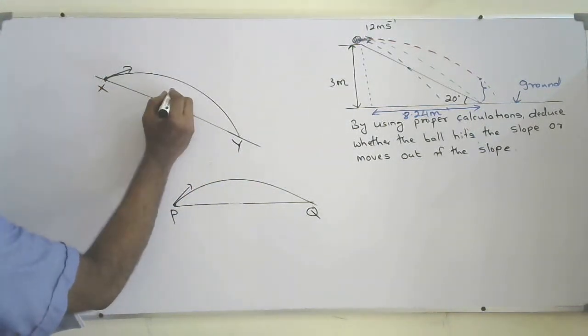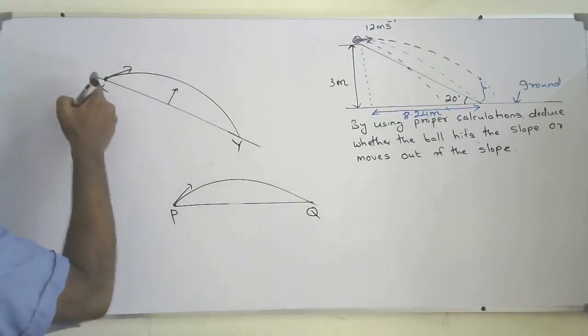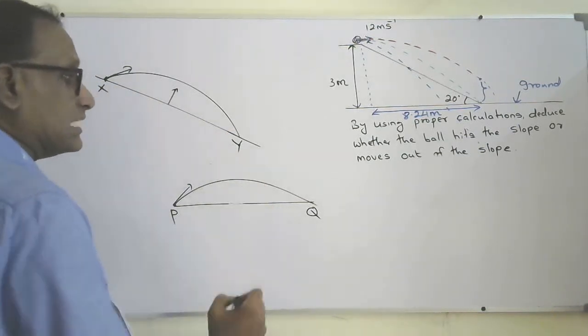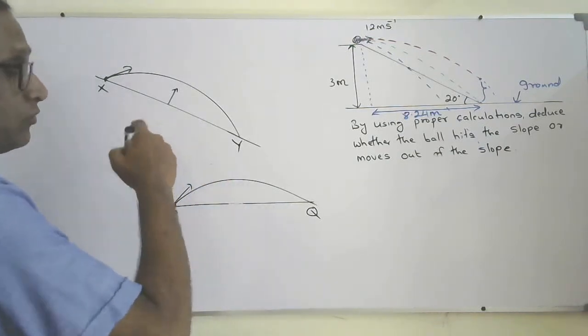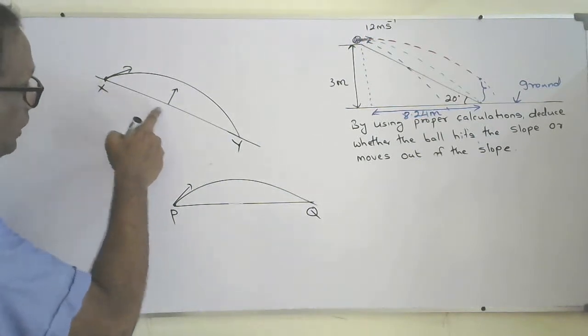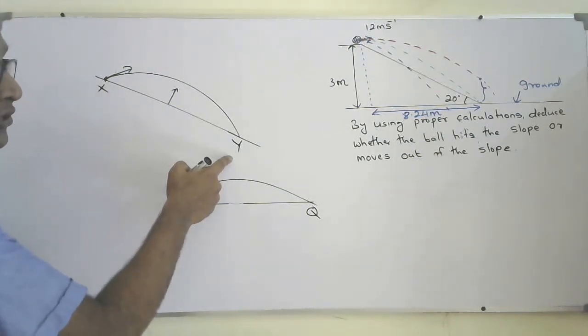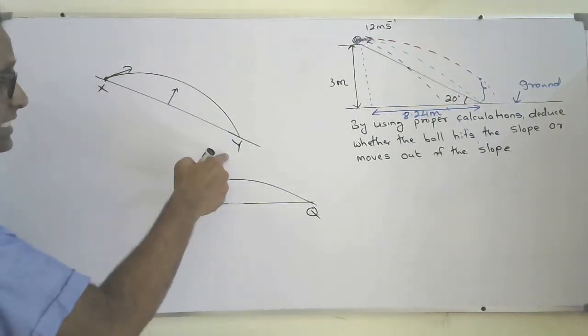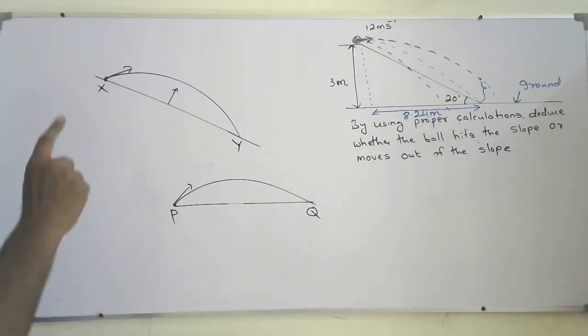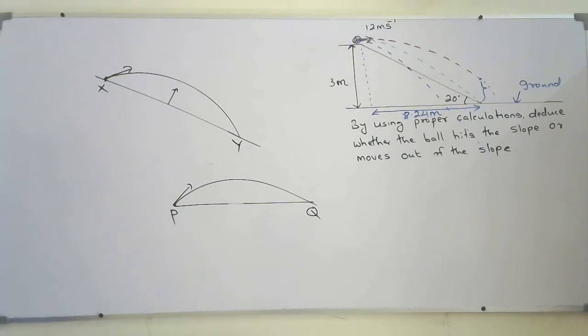The displacement perpendicular to xy will be equal to 0. Here we normally call vertical displacement equal to 0, but here we don't say vertical displacement. The displacement perpendicular to xy will be equal to 0 when the projectile hits y from x. I'm going to use that idea as a third method.